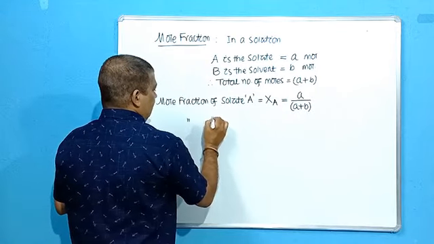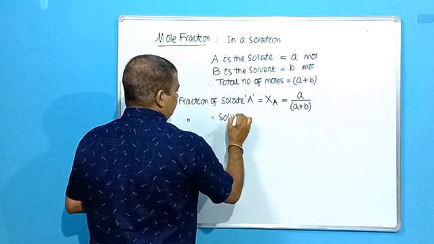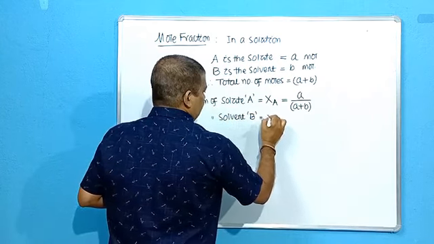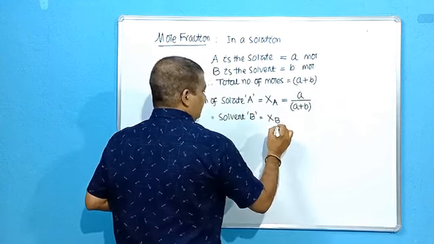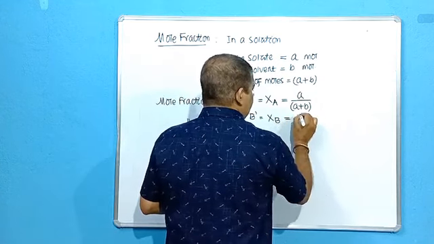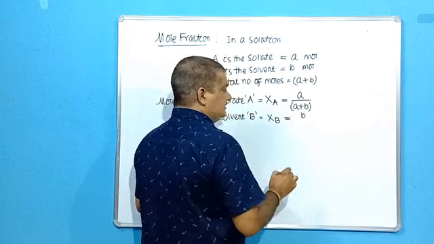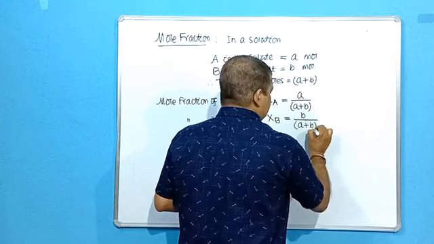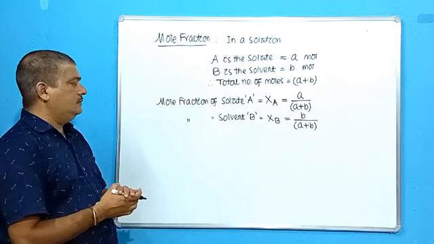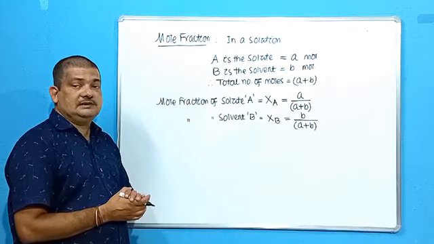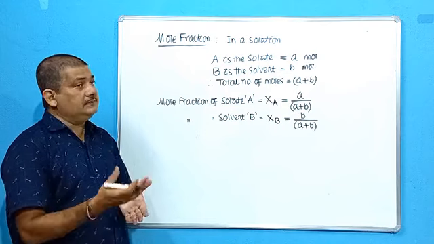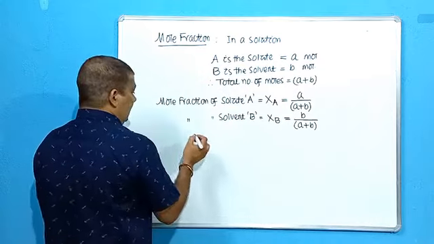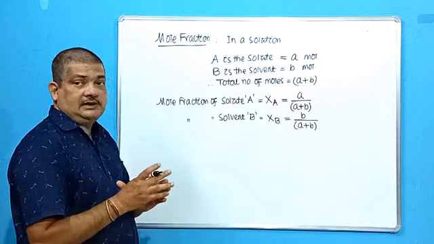Similarly, the mole fraction of solvent B, which is known as XB or X solvent, will be the number of moles of B divided by the total number of moles, A plus B. This is how we calculate the mole fraction of solute and solvent, or different components present in the solution. Then, how to cross check whether you are correct or not.